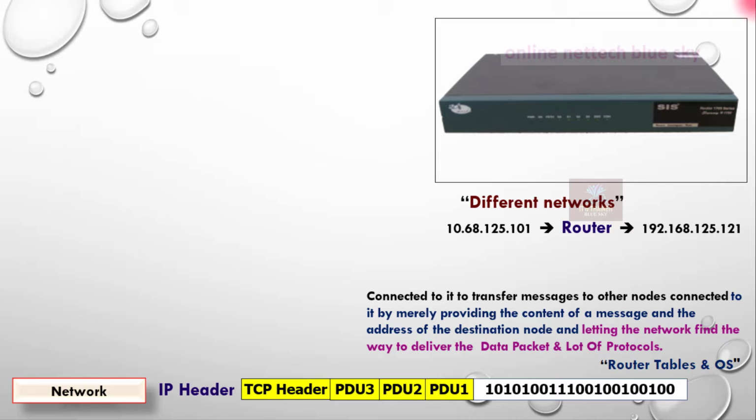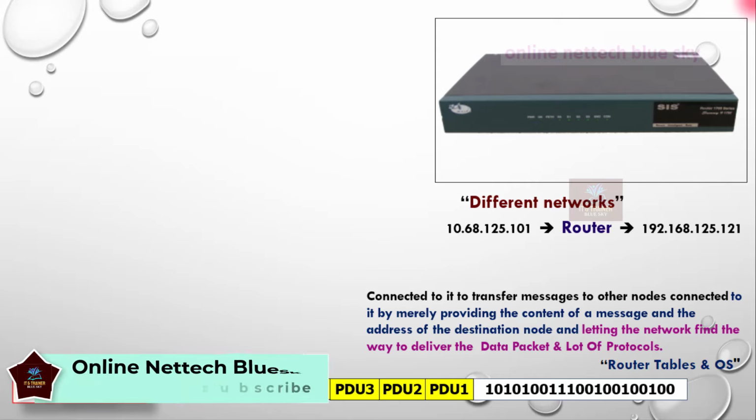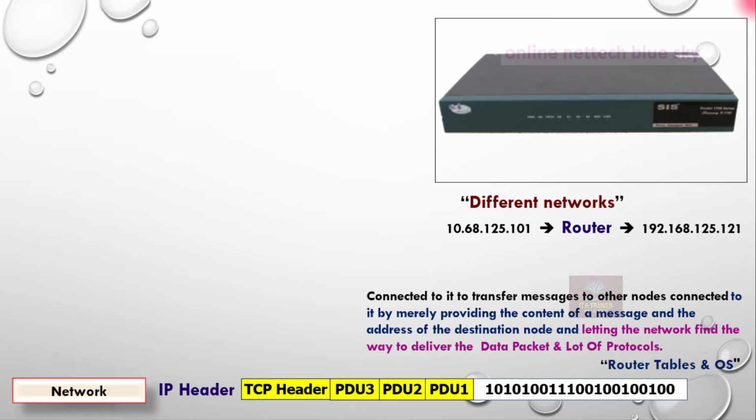Your data goes from your mobile through the mobile tower to the ISP, the internet service provider, which owns a lot of routers. Your data passes through them one by one, carrying the content of your message to the Google server on the network side.